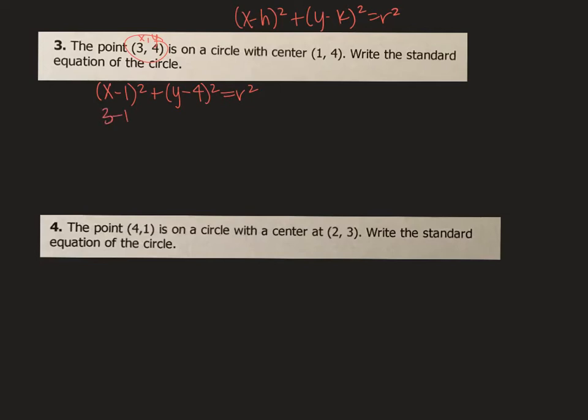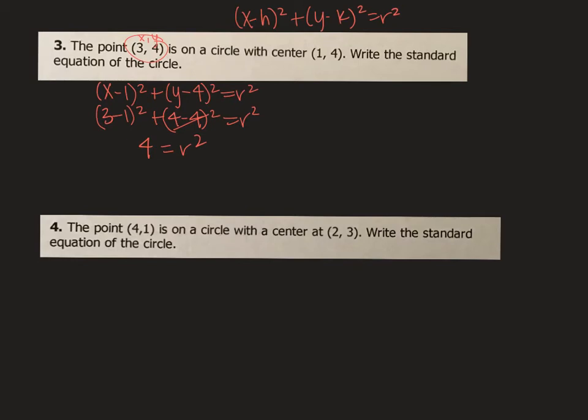So (3 minus 1) squared plus (4 minus 4) squared equals r squared. Well, 3 minus 1 is 2. 2 squared is 4. 4 minus 4 is 0. 0 squared is 0. So 4 equals r squared. Now, you can solve for r if you want to.